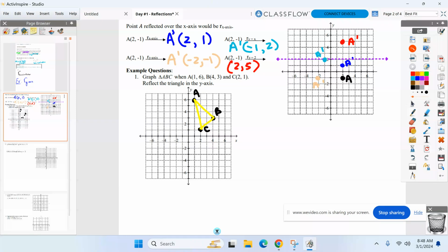And now reflect it over the y-axis. Well, we never reflected a triangle. If you're just reflecting the vertices, reflect each of the 3 vertices over the y-axis and you have your new triangle. Count the distance away from the y-axis, match it on the other side, and make sure you're calling that new triangle A prime, B prime, C prime.